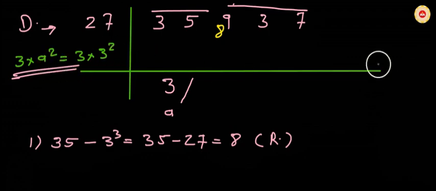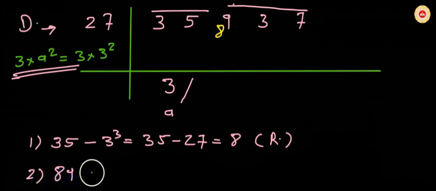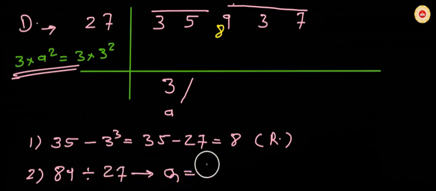The divisor is 27. Now let us carry on the division process by using divisor 27. So step number 2 is 89 divided by 27, which gives us the quotient. How much? 27 3s are 81.